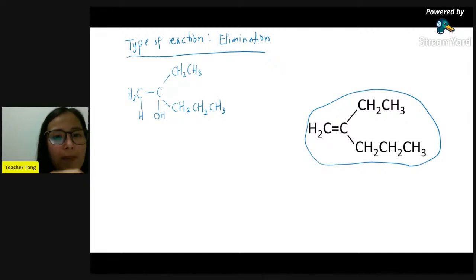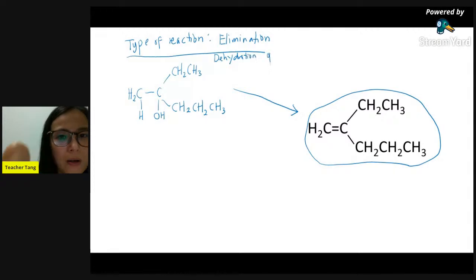And then remember, from the alcohol, how do we prepare the alkene? It is through dehydration of alcohol. From the alcohol, we eliminate the OH and also the H, and when we eliminate the OH and the H, we get the alkene.